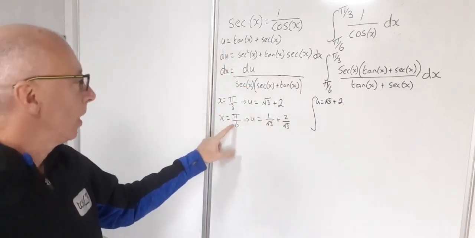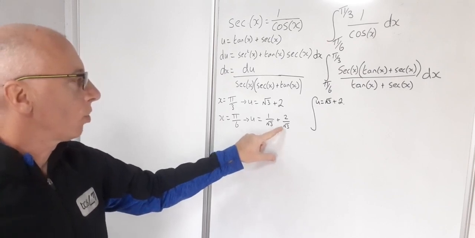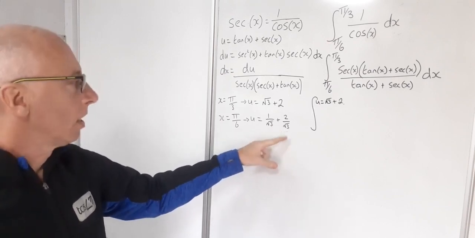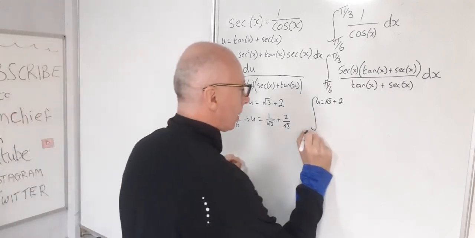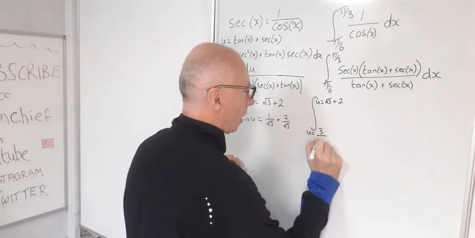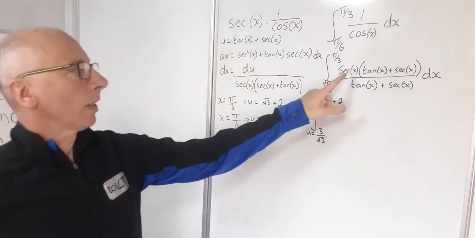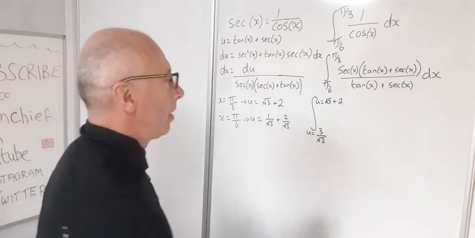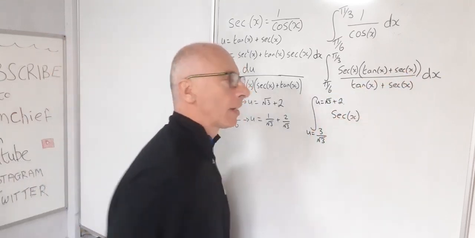And here, when x is pi over 6, we've got 1 over root 3 plus 2 over root 3, which equates to 3 over root 3. So u equals 3 over root 3. Now I'm going to write that in because I'm hoping some stuff is going to cancel out here.